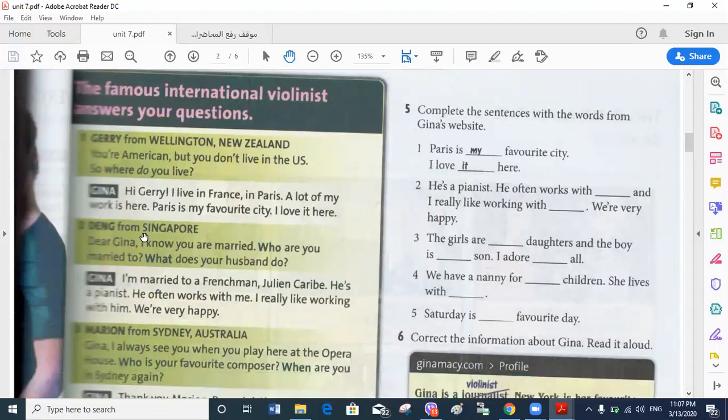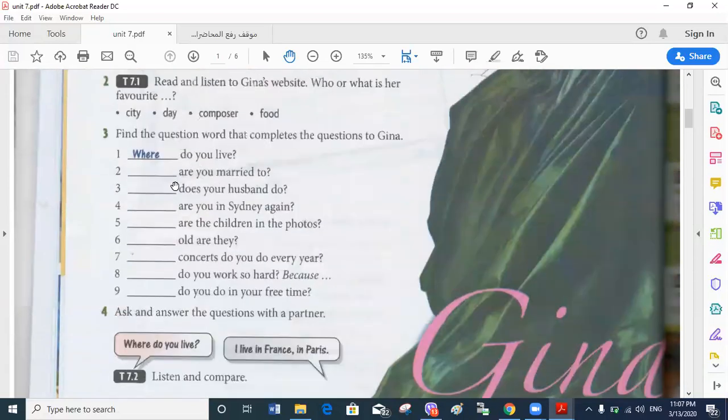So for example, when we read number 1, Jerry from Wellington, New Zealand, he is talking to Gina Macy, and he said, you are American, but you don't live in the US. So where do you live? This is the first question. When you return to the questions, we see that the first question is, where do you live?